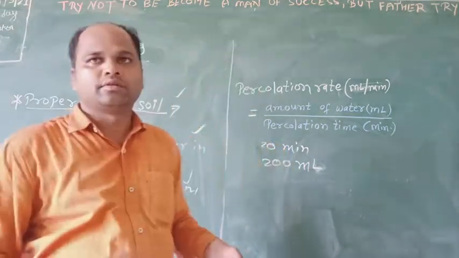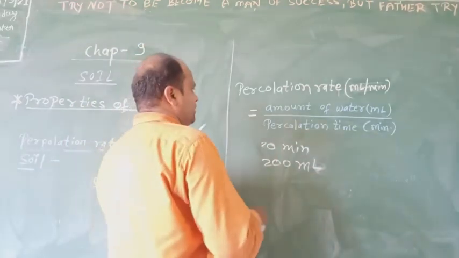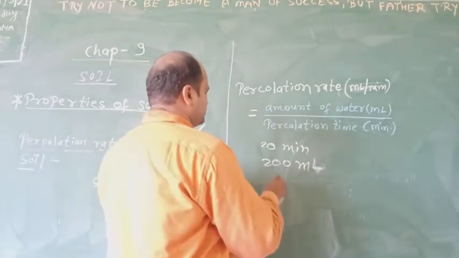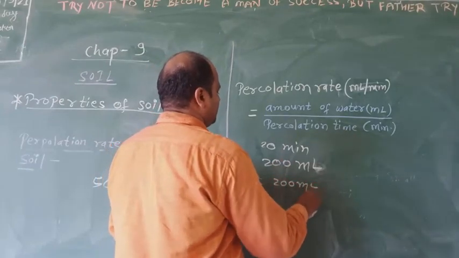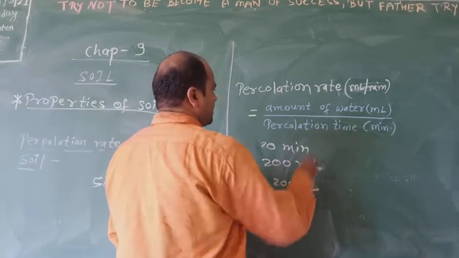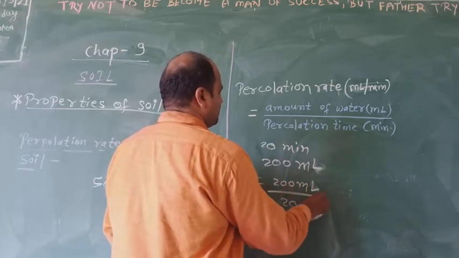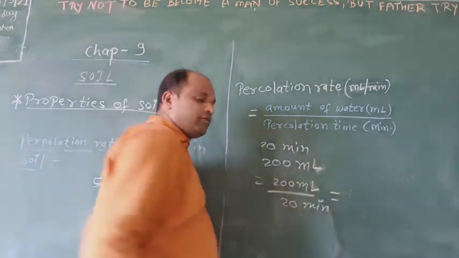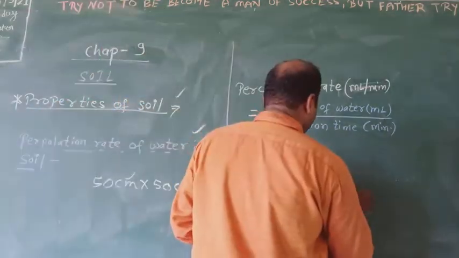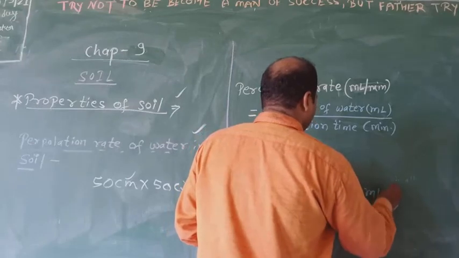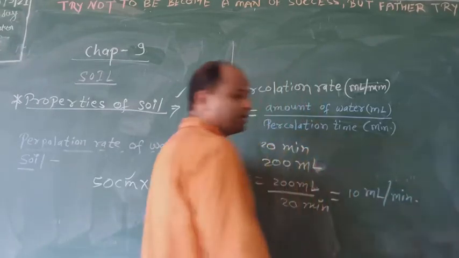We can put the formula: amount of water 200 ml upon time 20 minutes, so we find 10 ml per minute. That's clear.